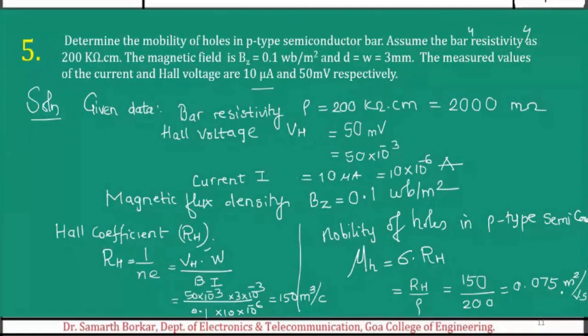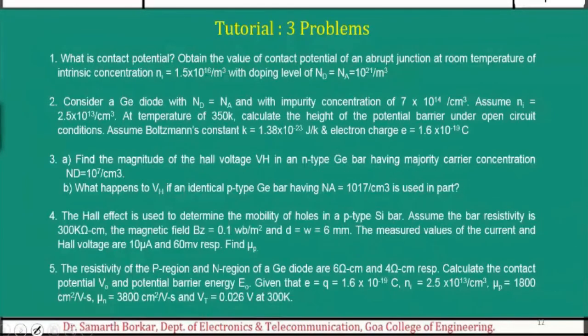This is the mobility. So we have completed the 5 problems on the concepts that we have covered in the last three classes. The tutorial three problems are already uploaded in the classroom, so you can download and solve them. These are just similar problems, only the values have been changed.